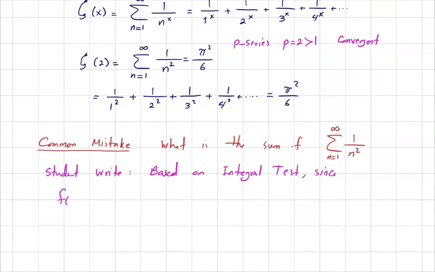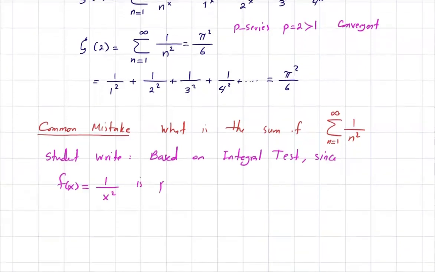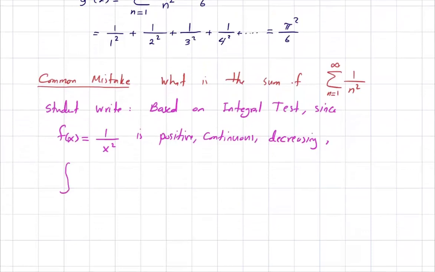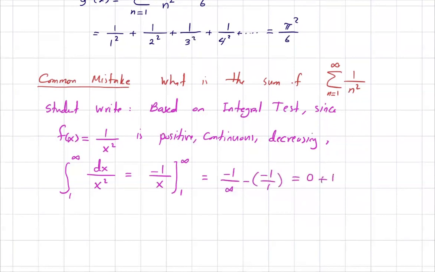since the function f of x equals 1 over x squared is positive, continuous, and decreasing, by applying the integral test, the integral of dx divided by x squared, x starts from 1, goes to infinity, is equal to negative 1 over x, x from 1 to infinity, which is negative 1 over infinity minus negative 1 over 1, or 0 plus 1.